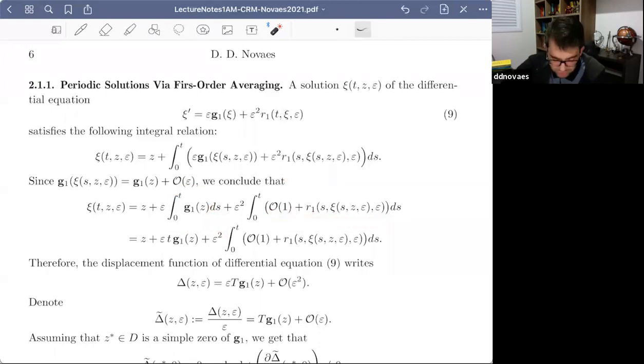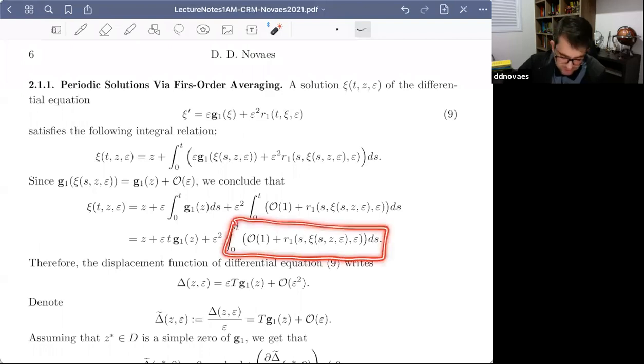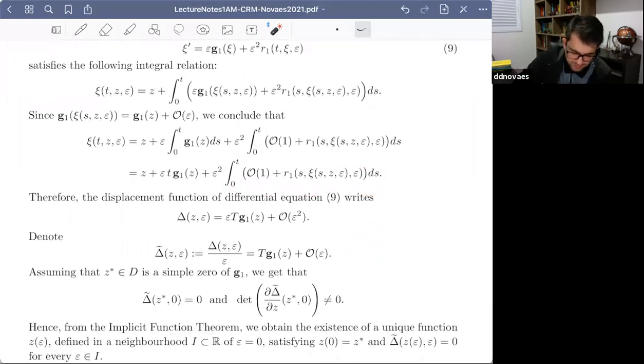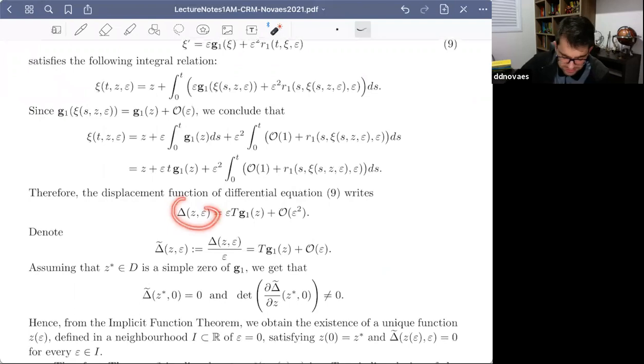Everything is continuous. The solution is defined in a compact set because when I compute the displacement function, I just take t equal capital T. So this can be bounded by a constant. So this remainder is just of order epsilon squared. So the displacement function is given by epsilon capital T g1 of z plus order epsilon squared.